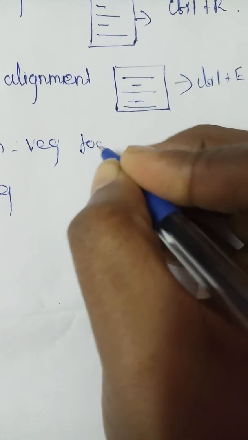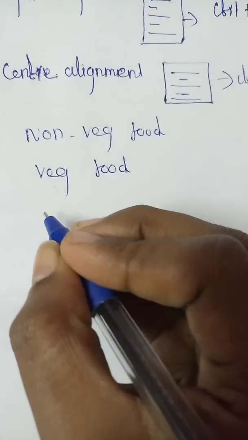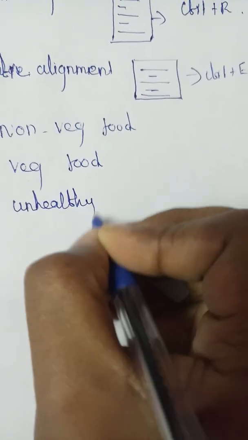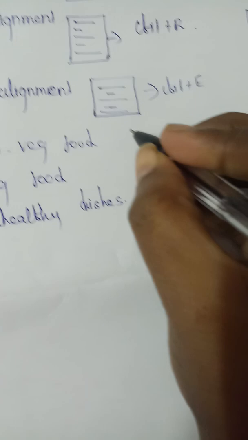For example, here I am taking non-veg food, veg food, and then unhealthy dishes. Here I am applying black color to the non-veg food.